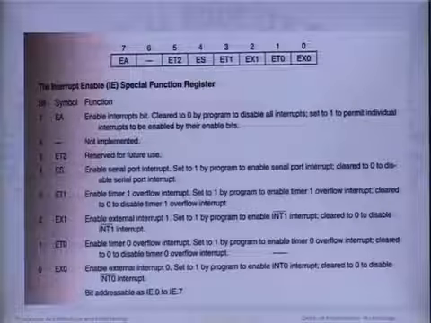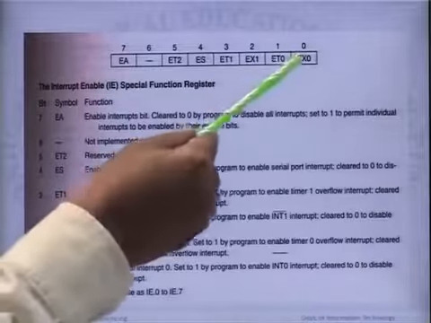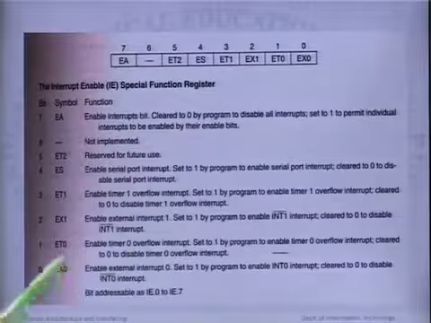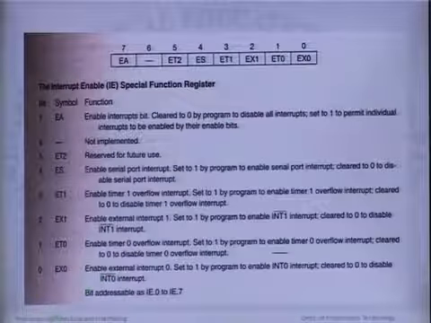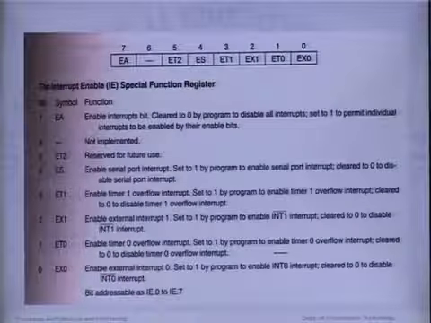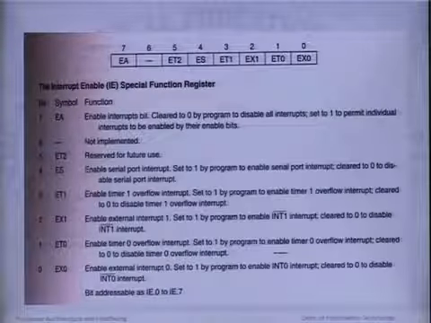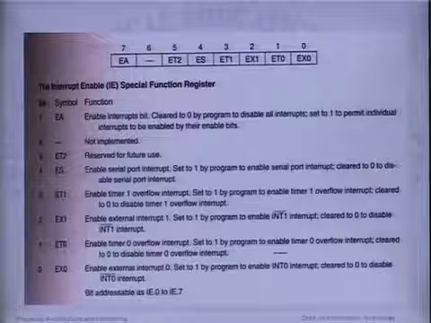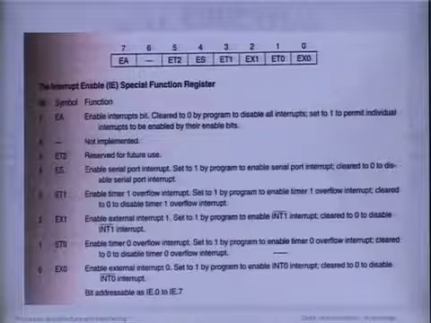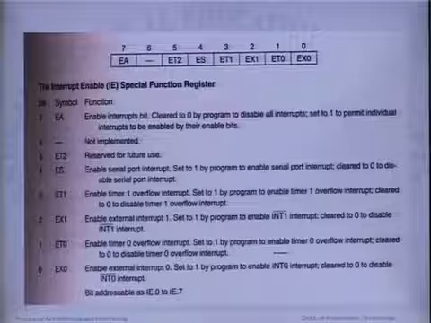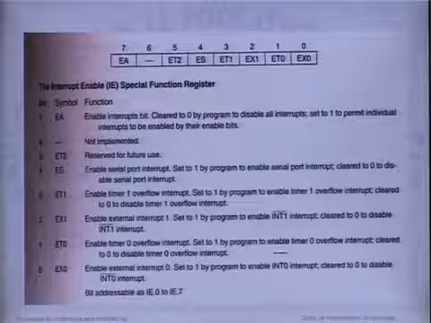For example, see bit 0 of this register, it is EX0, and EX0 means enable the external interrupt 0. Whenever it is set to 1 it enables the INT0 bar interrupt, and it is cleared to 0 to disable the INT0 bar interrupt input.